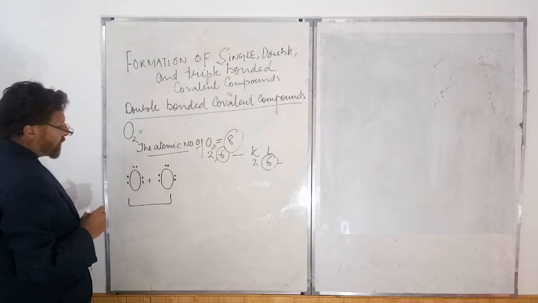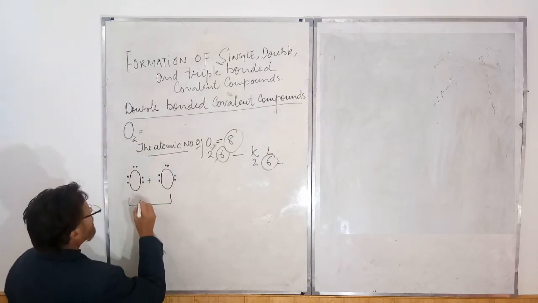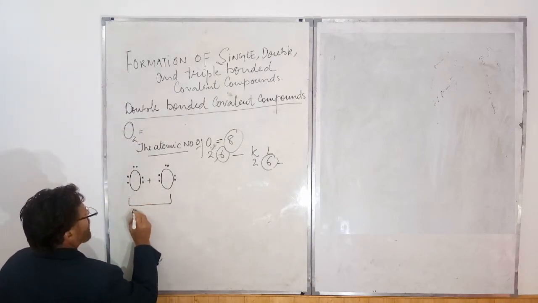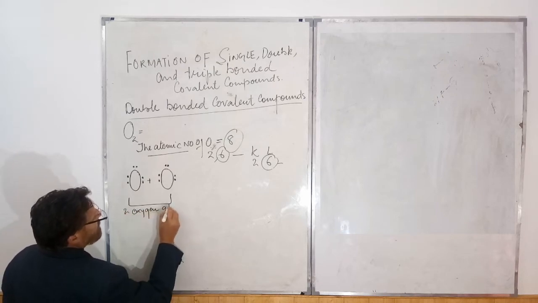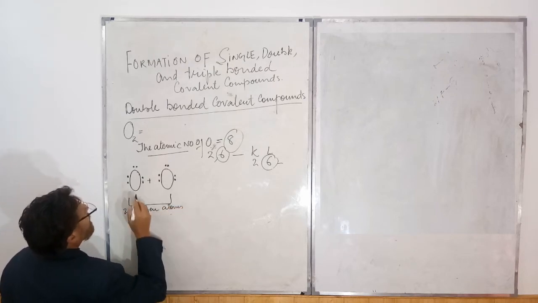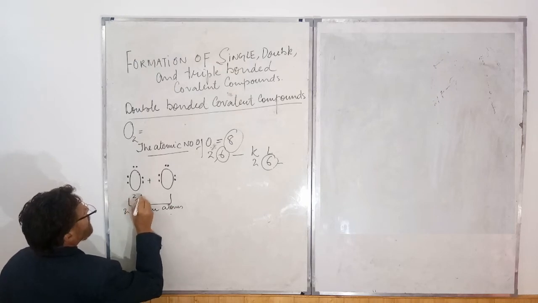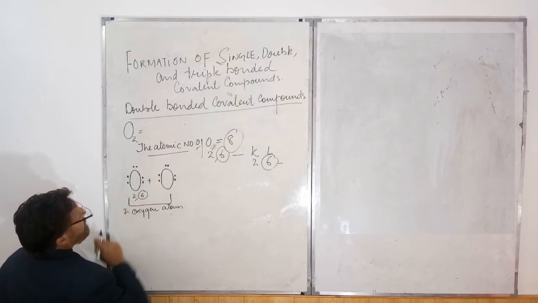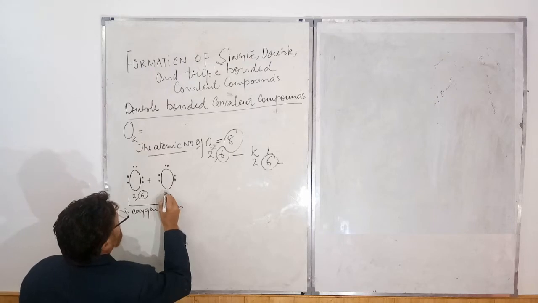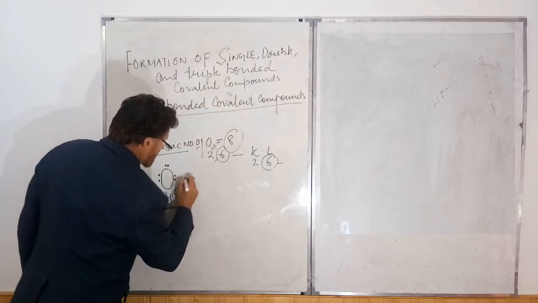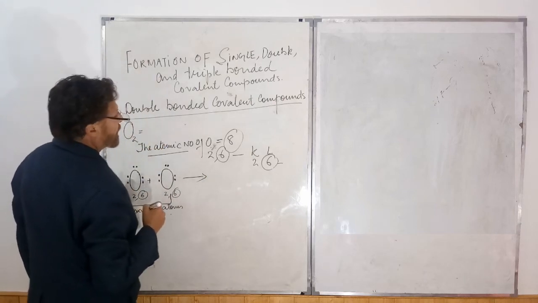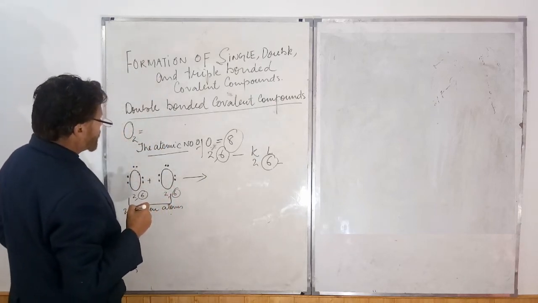These are 2 oxygen atoms with electronic configuration 2 and 6, where 6 is the outermost shell. This gives the formation of the oxygen molecule.